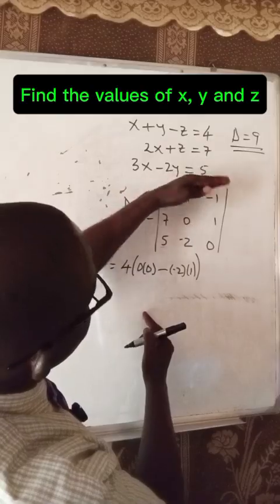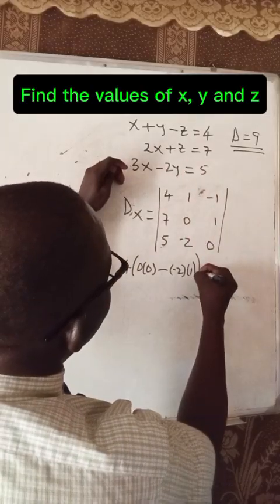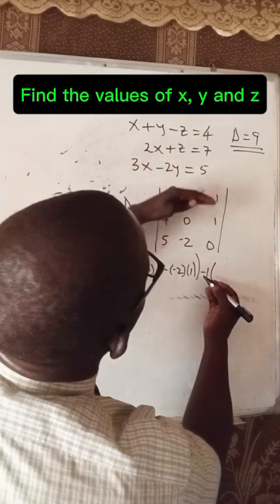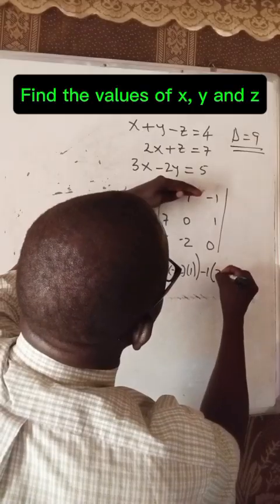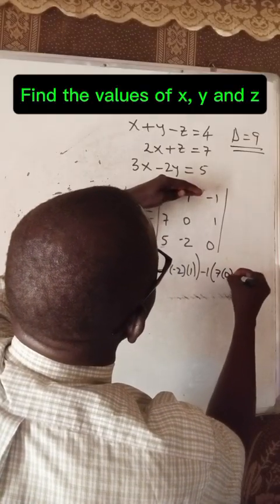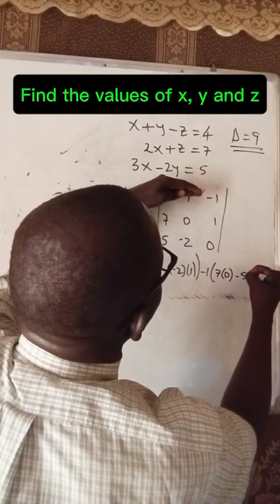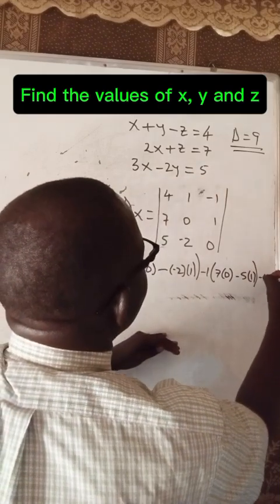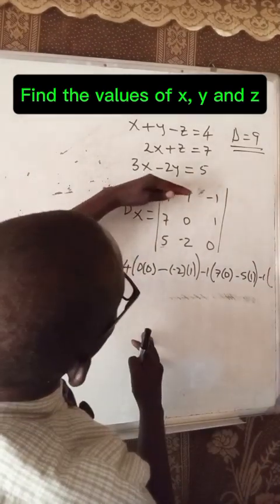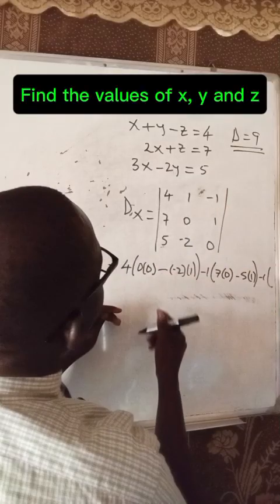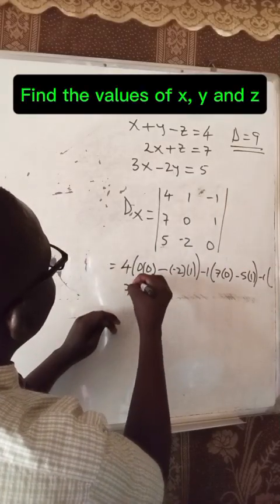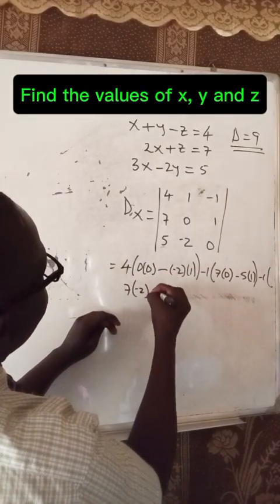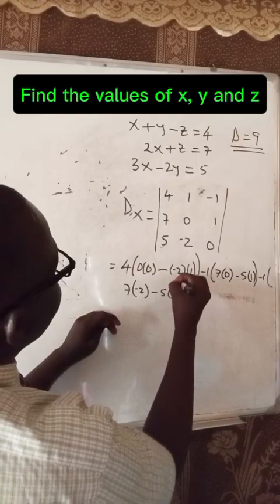Deleting the first row and the second column, we will have minus 1 times (7 times 0 minus 5 times 1). Then minus 1 times, deleting the first row and the third column, (7 times negative 2 minus 5 times 0).